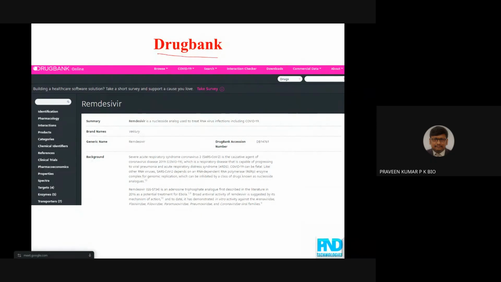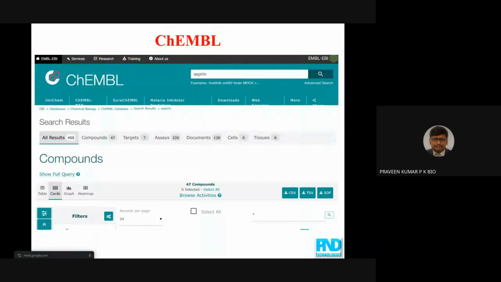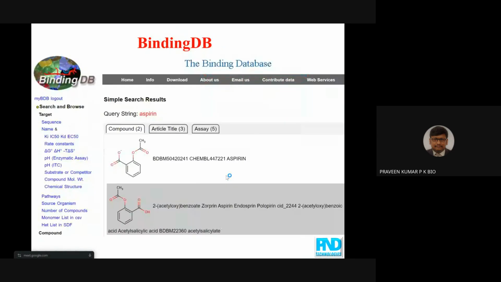For example, if you want to check adverse drug reactions, whether whatever drug we take gives an adverse reaction or not, we can check with this tool present in DrugBank. I'll illustrate this in the subsequent slides. And ChEMBL. ChEBI is different, ChEMBL is different. Both are databases for chemical compounds.